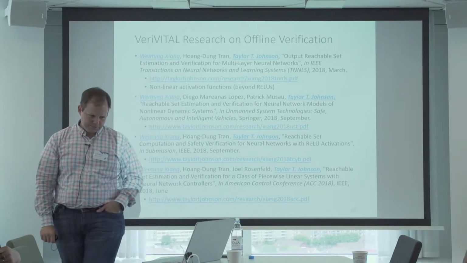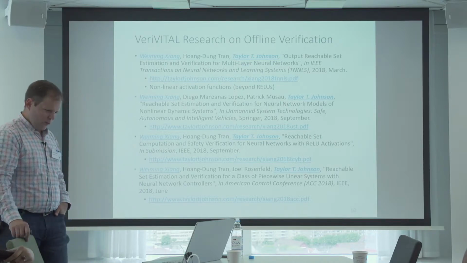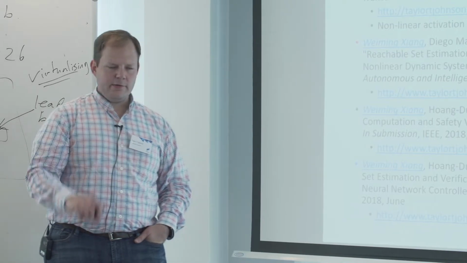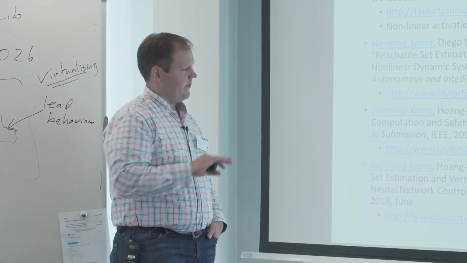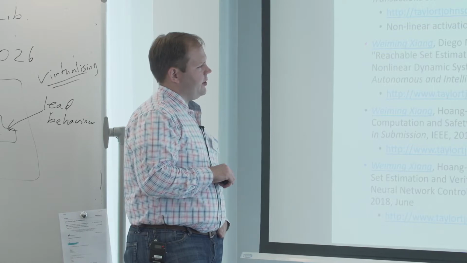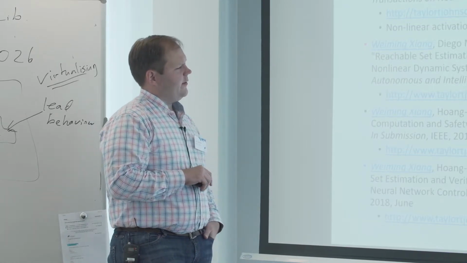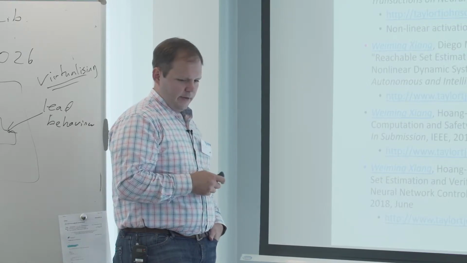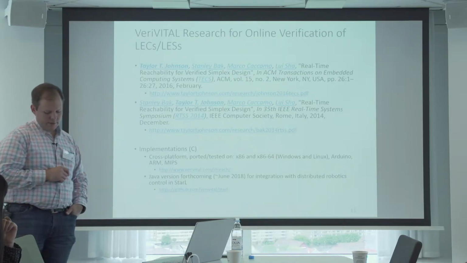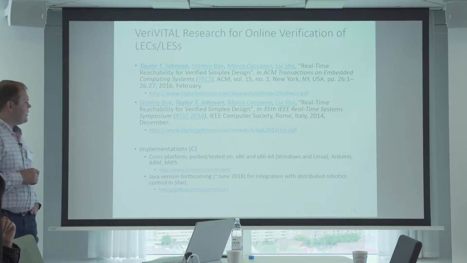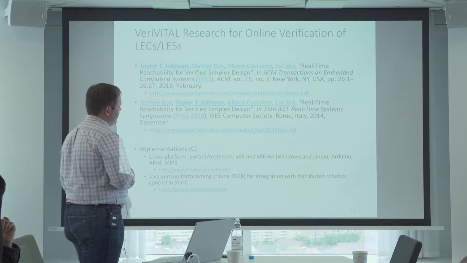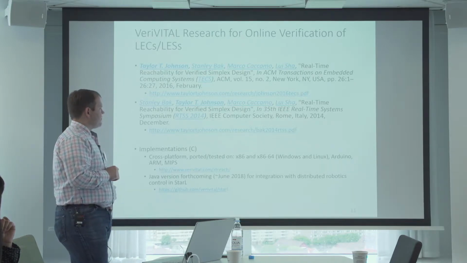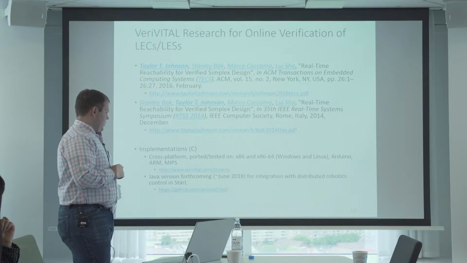These ReLU activation functions basically take a max of a linear function and 0, so they're very slightly nonlinear, but essentially piecewise linear. We have some work beyond these types of activation functions, and some other work in this context for design time. For online, the papers behind what I'm talking about today are based on this TECS and RTSS paper from a couple of years ago.